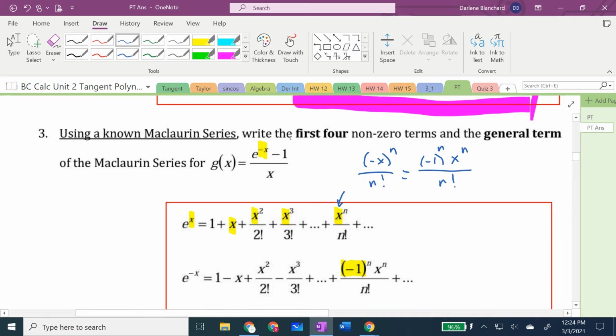The next thing you need to do is subtract 1 before you go through the division by x. If I subtract 1, that's going to take out completely that first non-zero term. And it does say first 4 non-zero terms, so that means you're going to need that next term written in.